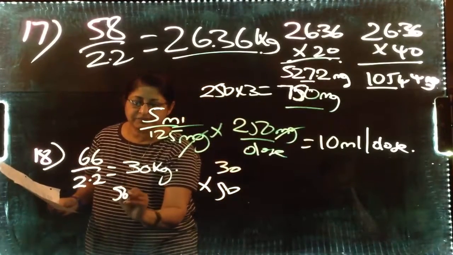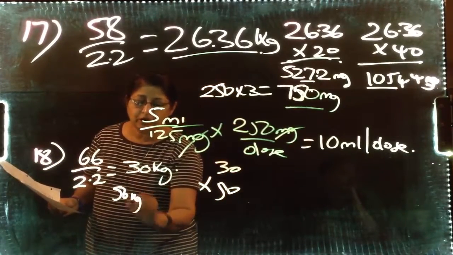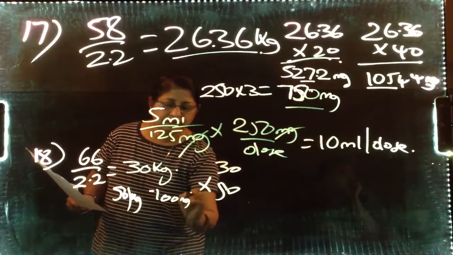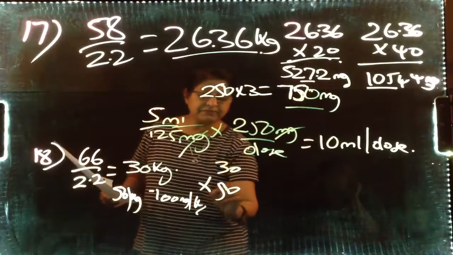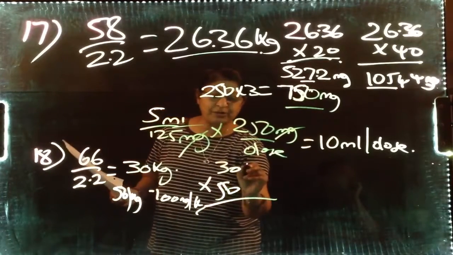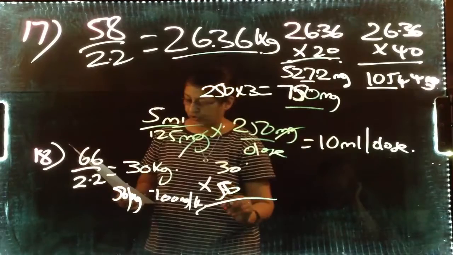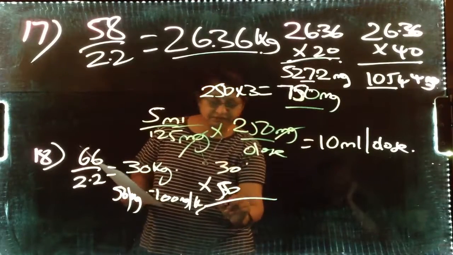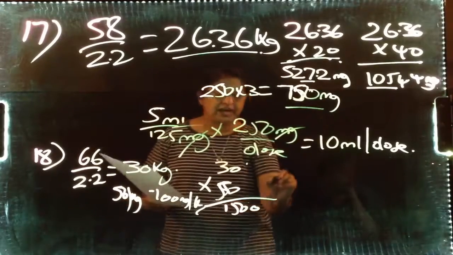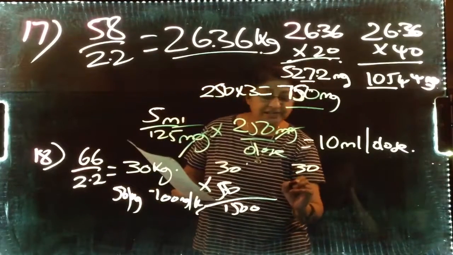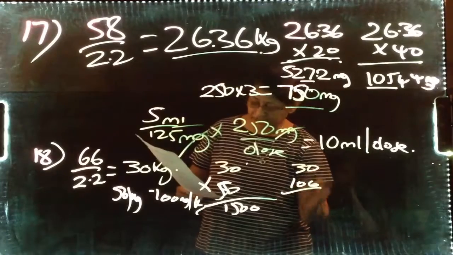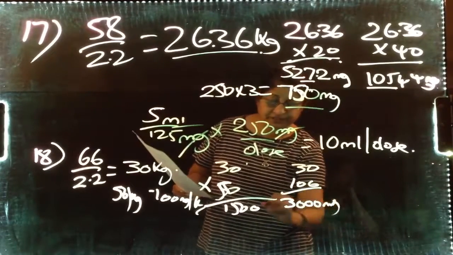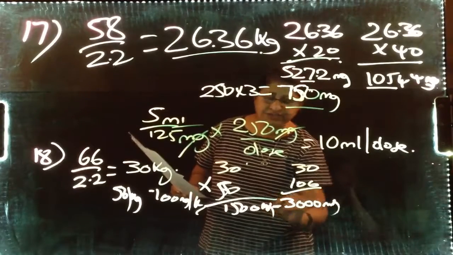So I'm going to do 30 times 50, which is what my child weighs, because per kilo is 50, so 30 kilo will be how much? It's 1500, as you can see. And then I'm going to multiply 30 times 100, which is 3000 milligrams. So I can give either 1500 milligrams all the way to 3000.